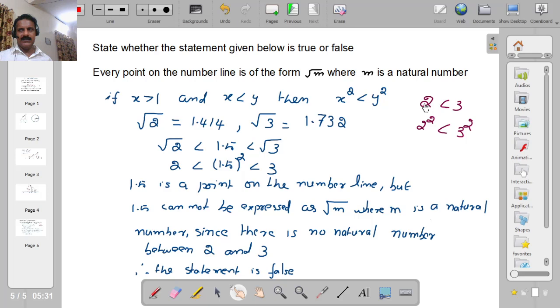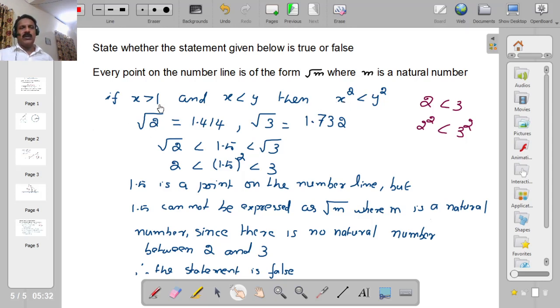We can illustrate this here. 2 is less than 3. Evidently 2 squared will be less than 3 squared. This statement, if x is less than y, then x squared is less than y squared, is true for all x greater than 1.